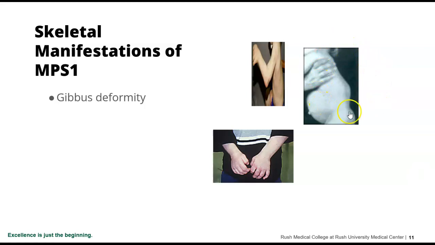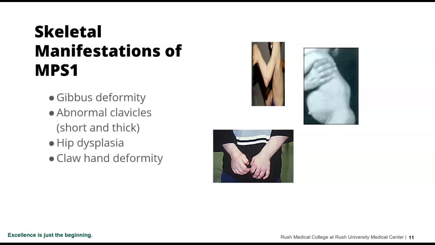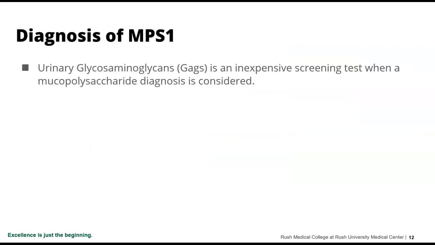This is the gibbus, where the vertebrae collapse upon themselves, and that's a specific finding that we can see in young children, sometimes the first sign of MPS I. Abnormal clavicles, hip dysplasia, and then here's this claw hand deformity. Like I said, the little girl that couldn't do the monkey bars, they just can't grab onto them. Joint stiffness, growth retardation.